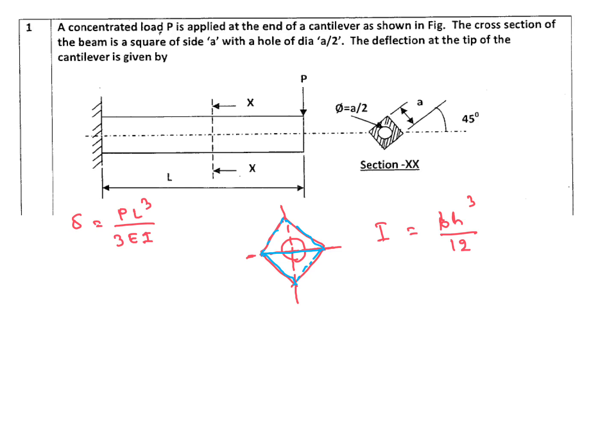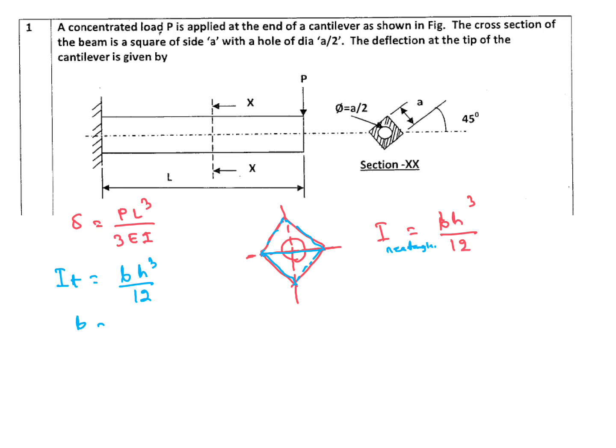So along base, triangle moment of inertia is same as rectangular cross section. This is rectangle, bh^3 by 12.